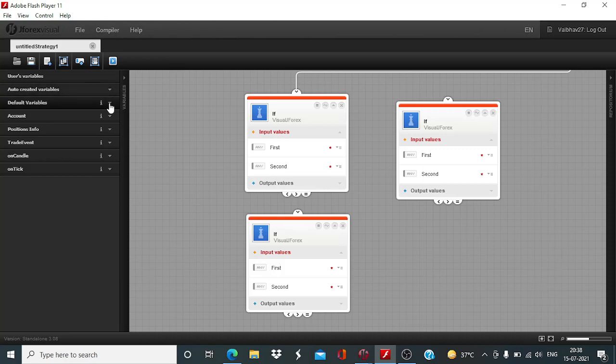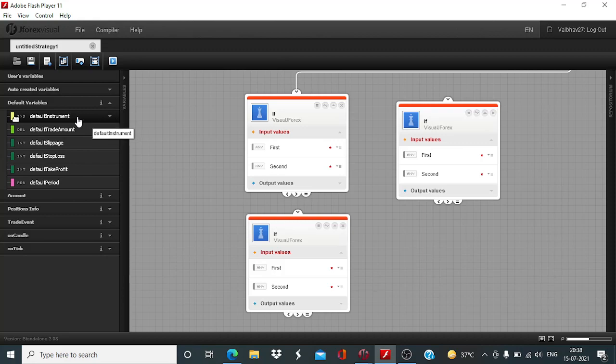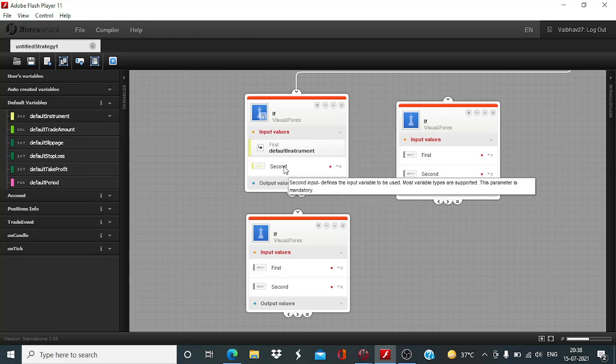Default variables, default instrument should match the candle instrument.